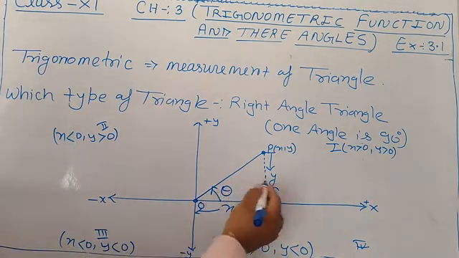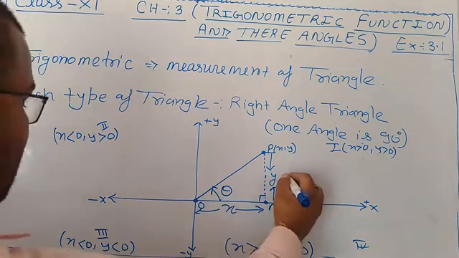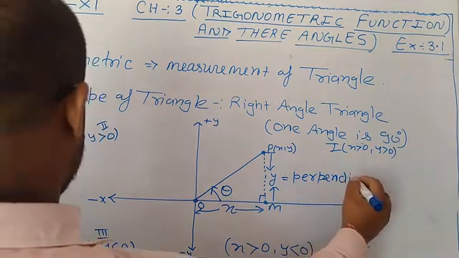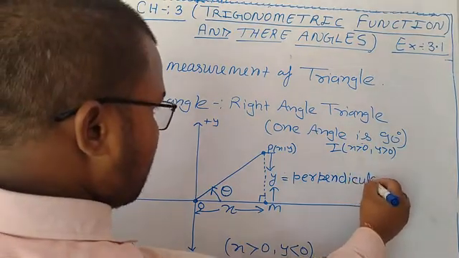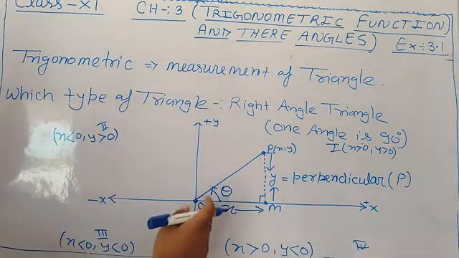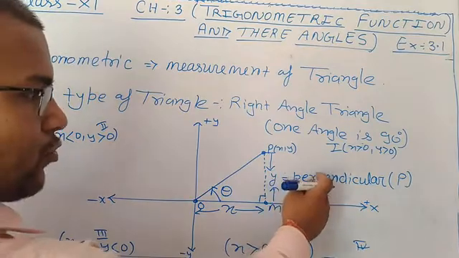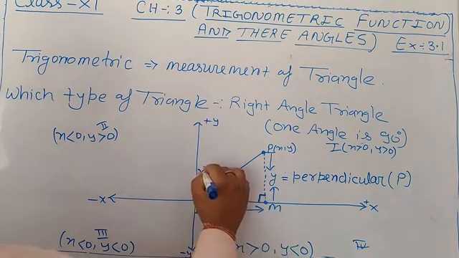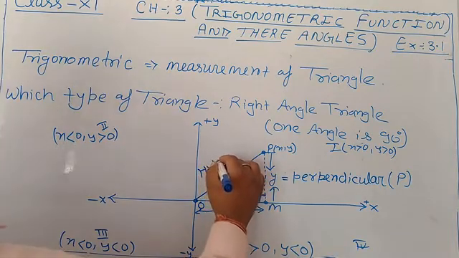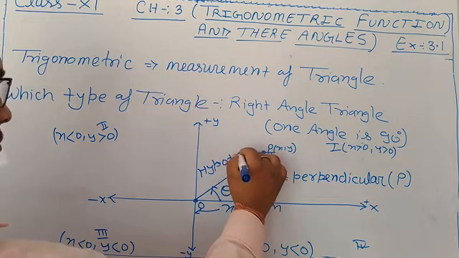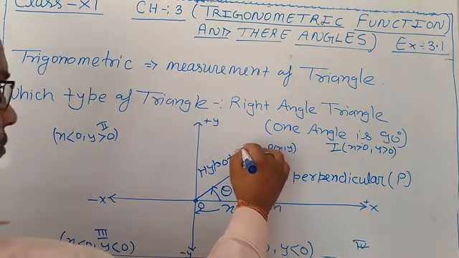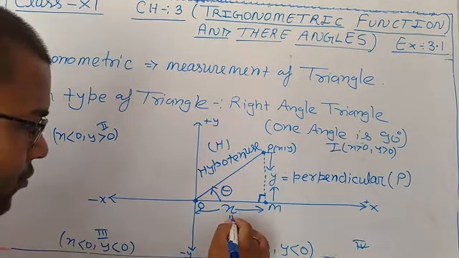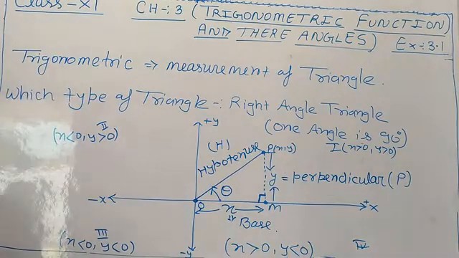The side opposite to theta is called the perpendicular, denoted by P. The side opposite to the 90 degree angle is called the hypotenuse, denoted by H, and the third side is called the base.